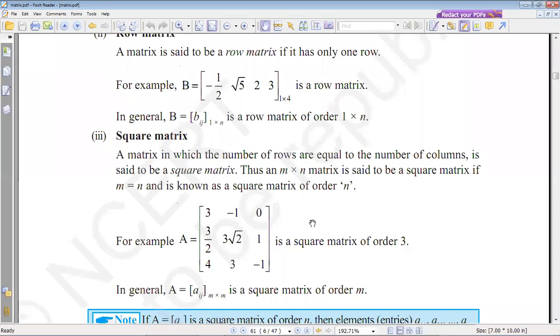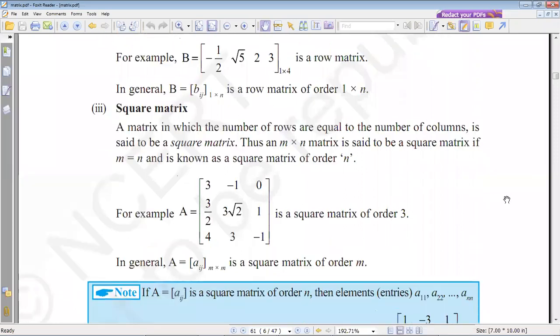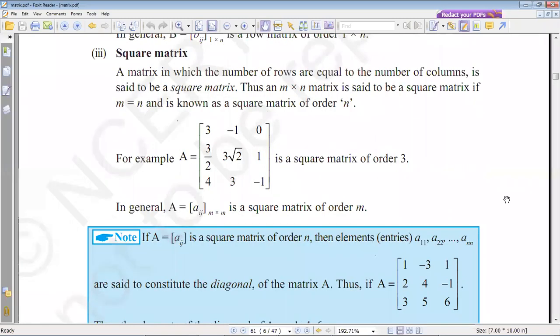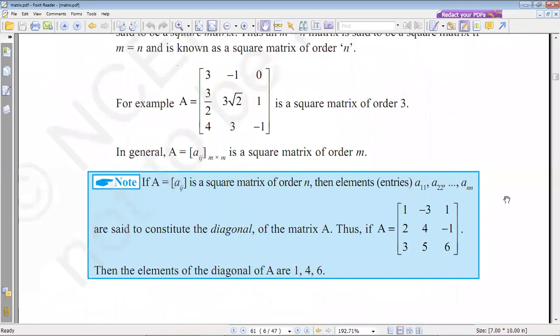In the case of a square matrix, since the number of rows is equal to the number of columns, we can simply say that its order is n. Here there are 3 rows and 3 columns, so the order of the matrix is simply 3.